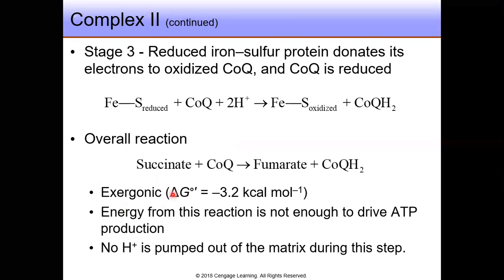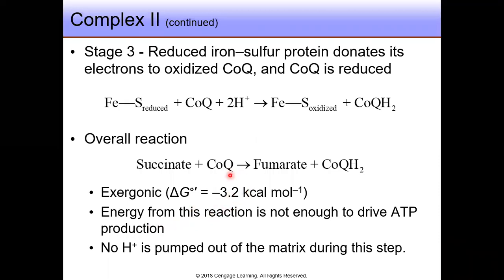Now, notice that this reaction is exergonic with a small value for delta G naught prime. Energy from this reaction is not enough to drive ATP production. You remember I said we need 7.3 at least.